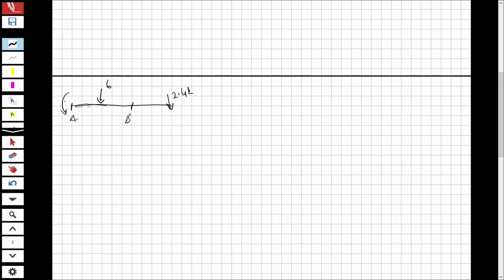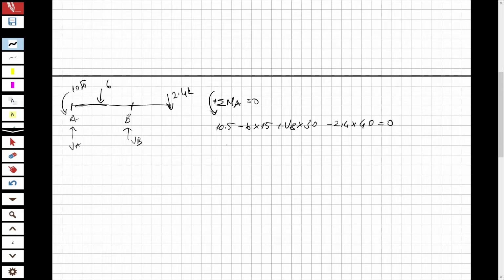I have a moment in this direction, 10.5. I have a VA and I have a VB, right? So the total moment at A is equal to 0. I have to show the direction, so that will be 10.5, minus 6 times 15. I'm taking the moment with respect to A, plus VB times 30 and minus 2.4 times 40 equal to 0.